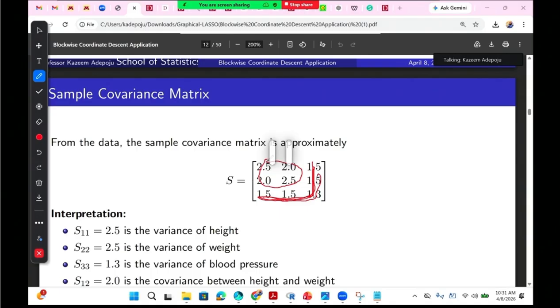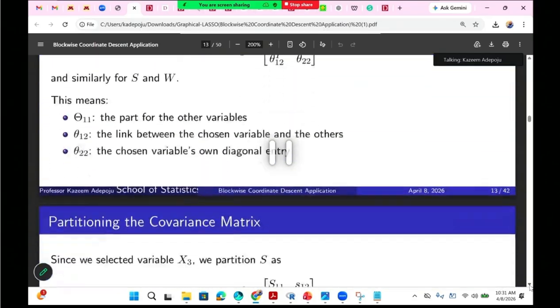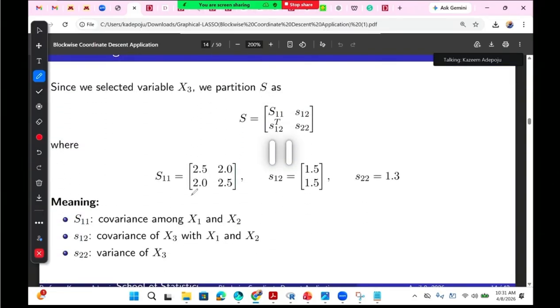When I remove that, please pay attention. If you don't understand, ask me a question. This is what I have now. Can you see that? I've removed anything in the covariance matrix that has to do with S3, and after removing that, we are left with this. Now, I want you to pay attention to something.